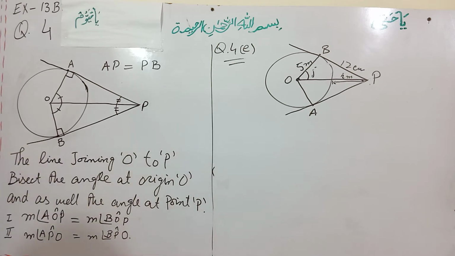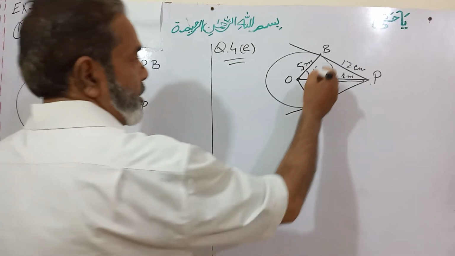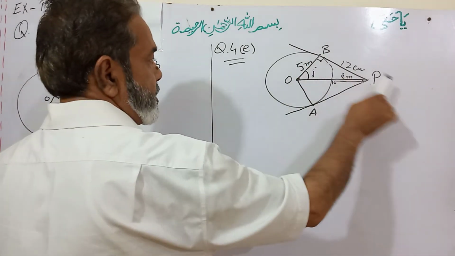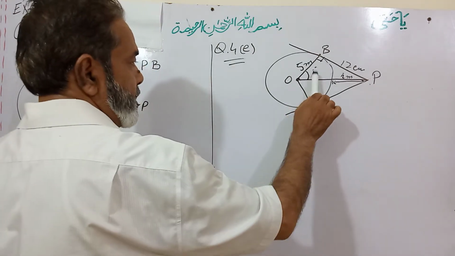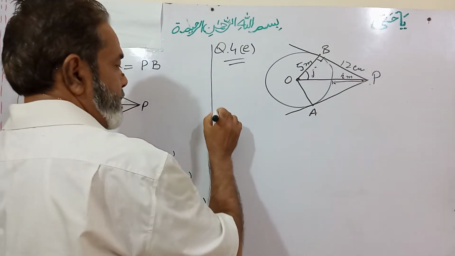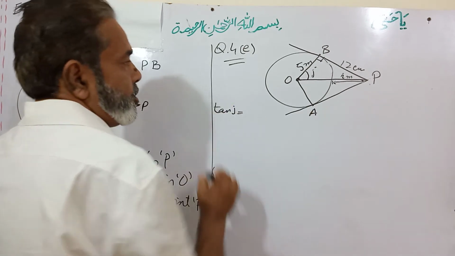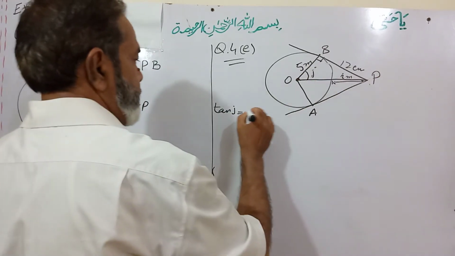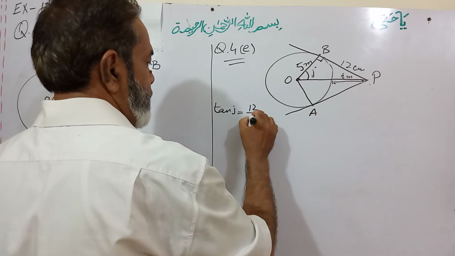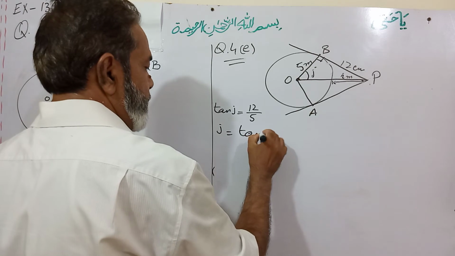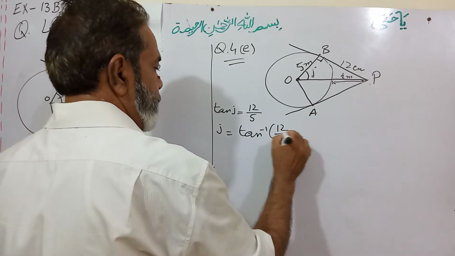This angle is the right angle, so in this right angle triangle, for angle J, we will write tan J is equals to 12 over 5. So J is equals to tan inverse 12 over 5.